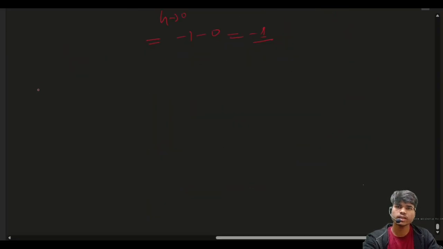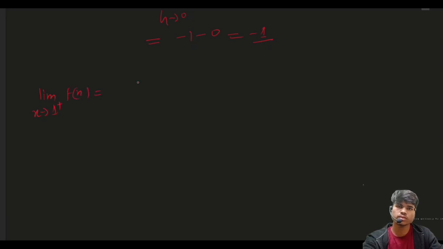Similarly, we can find right hand limit like limit x tends to 1 positive f of x equals to limit x tends to 1 positive x square minus 3x plus 2 divided by x minus 1. If we put here x equals to 1, we will get 0 by 0 form, which is mathematically undefined form. So before putting the value x equals to 1 here, we have to solve this expression.